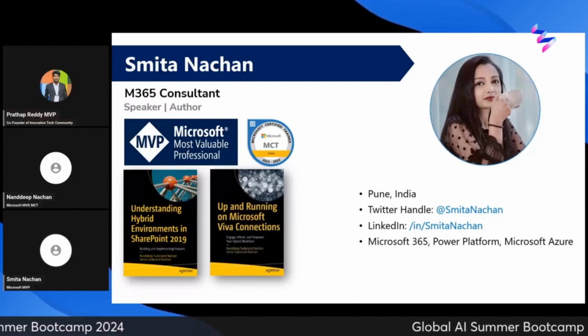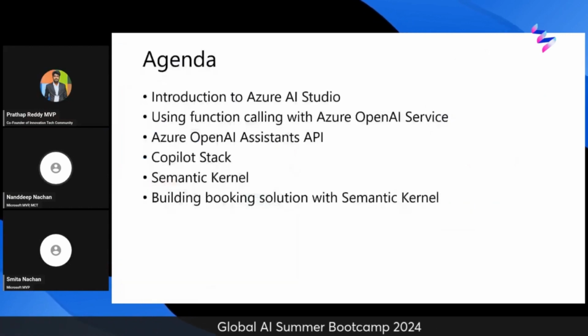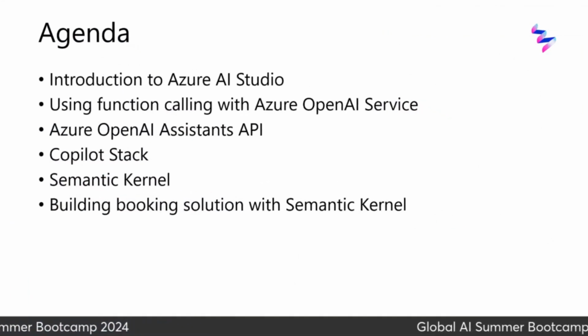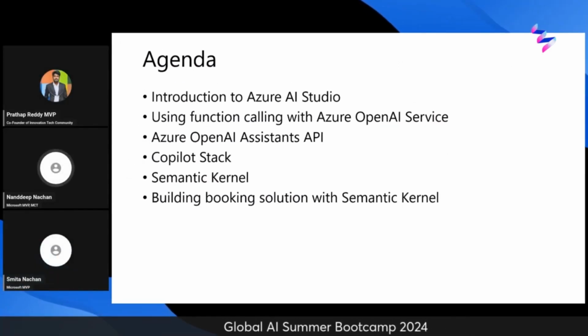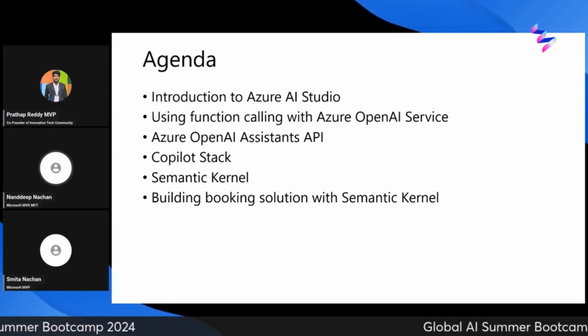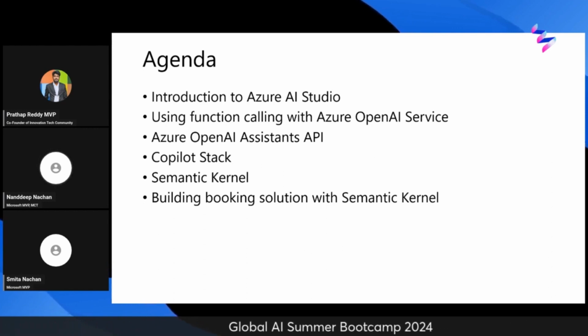All right, so with that, let's get into the agenda, what we are going to cover during this session. We will get introduced to the Azure AI Studio. Most of you have been already using that, but we will still have some introduction about Azure AI Studio. Then we will go into the Copilot kind of a thing, like how we can use the function calling with Azure OpenAI service, and what is that Azure OpenAI Assistant API, how we can use them.